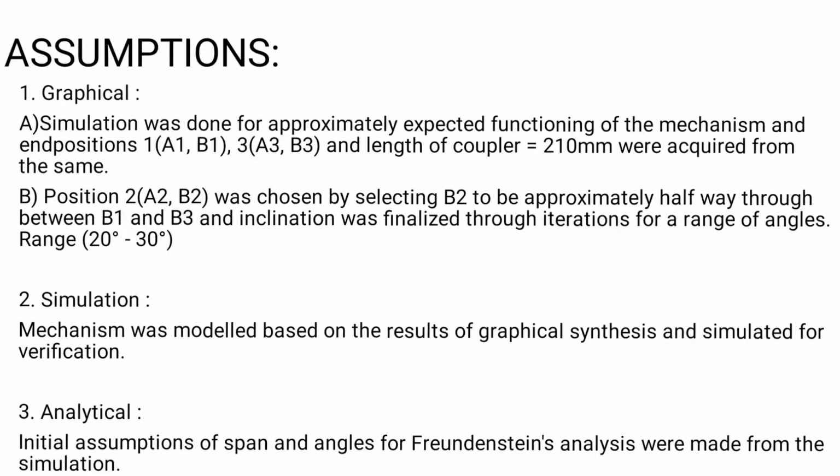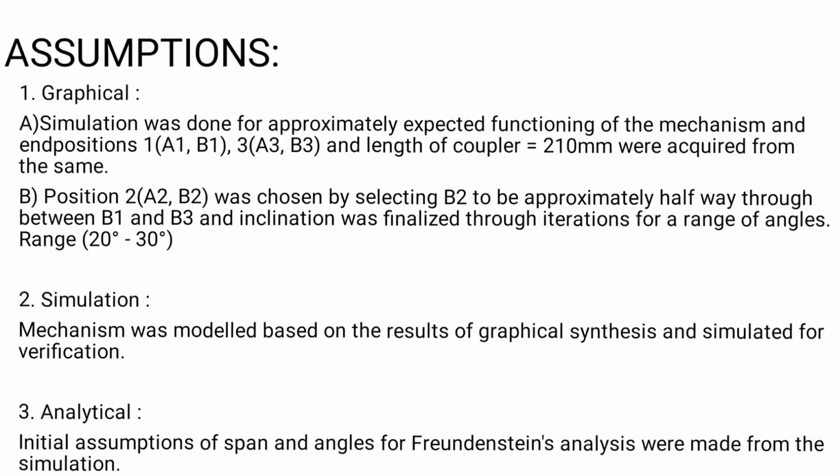Now we will look into the synthesis of the mechanism. Following assumptions were made which also give an idea of the complete process. Initially, the chosen mechanism was modeled and simulated in SolidWorks for various combinations of lengths of links, and one set was selected as reference for graphical analysis. The graphical analysis is done by body guidance method.